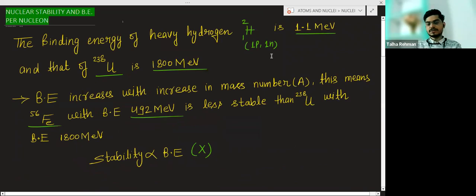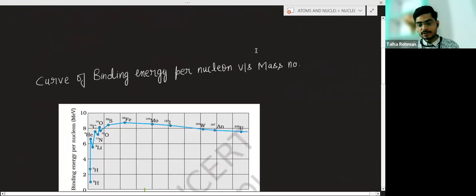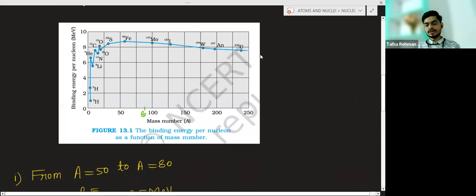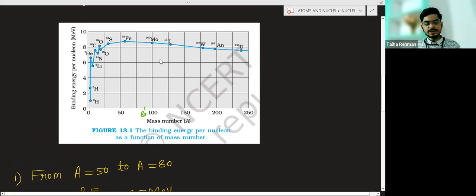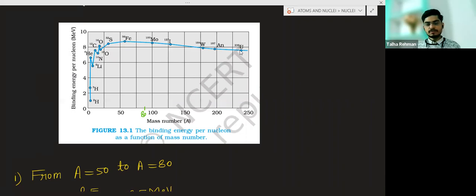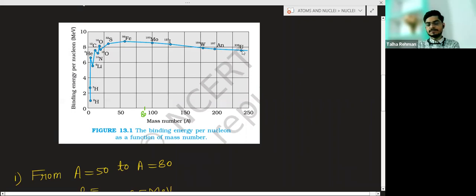Today we will discuss one more thing. I told you in the last class, this uranium-238 nucleus is unstable because of less binding energy. It has approximately 7 mega electron volt of binding energy per nucleon. So due to the less binding energy per nucleon, this uranium is unstable.